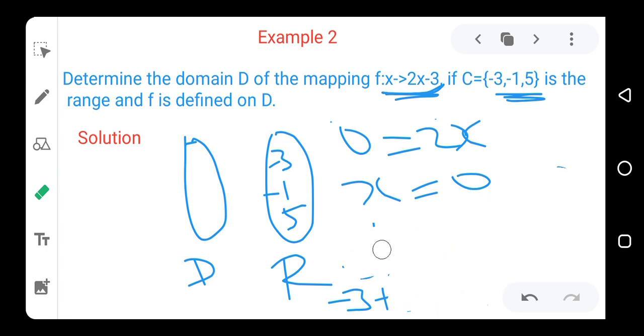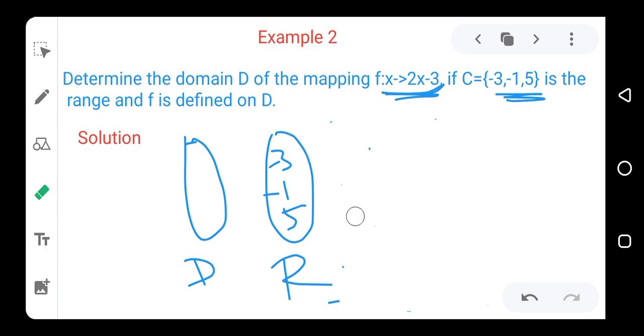So for the first value of f of x, x in the domain is equal to 0. So it is 0 that gives us the image minus 3 in the codomain.